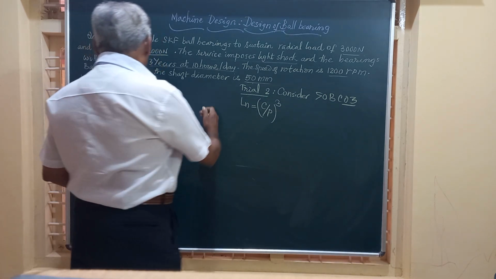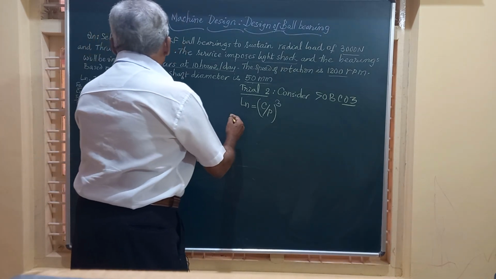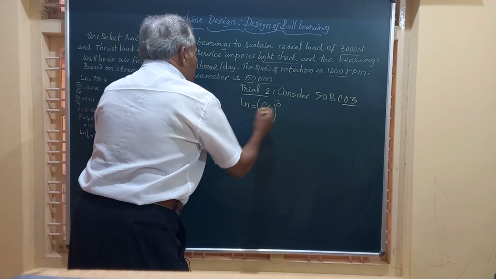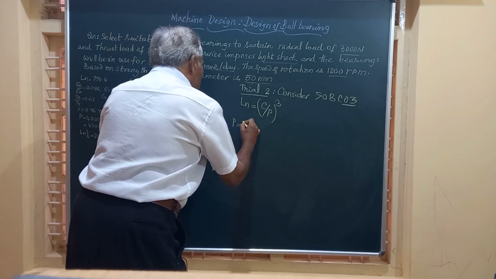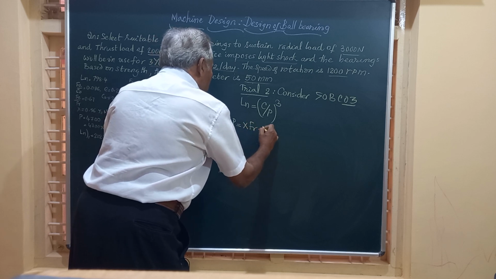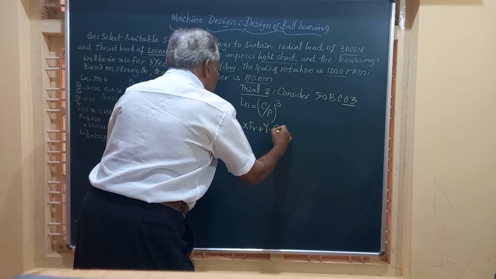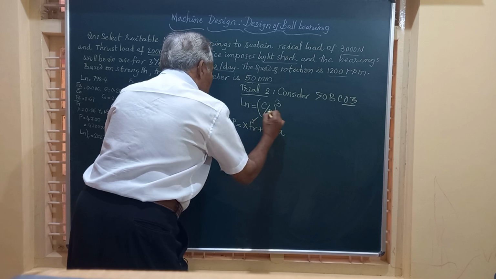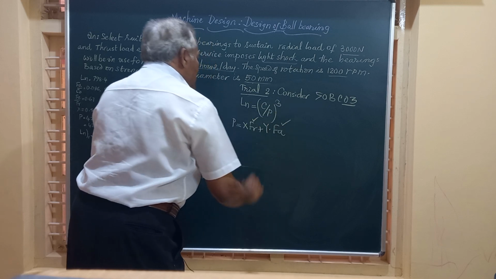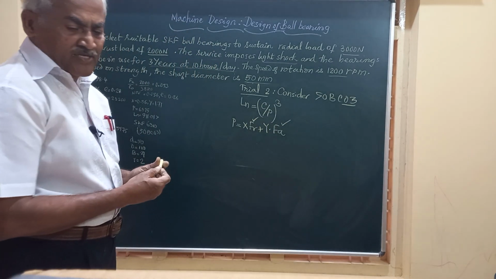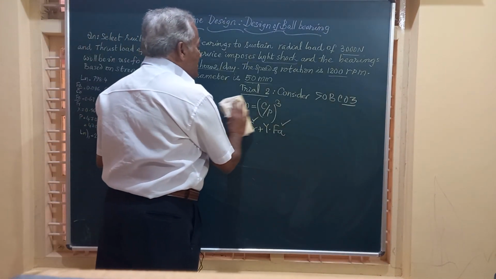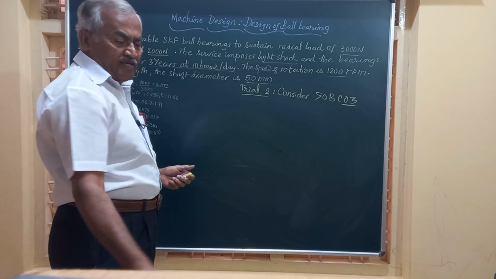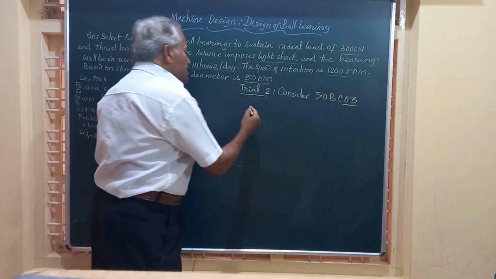For this, we have to find out C and P. P is equal to XFR plus YFA. I know FR, and we know the value of FA. X and Y have to be found out. To find out X and Y, we have to follow the same previous procedure.